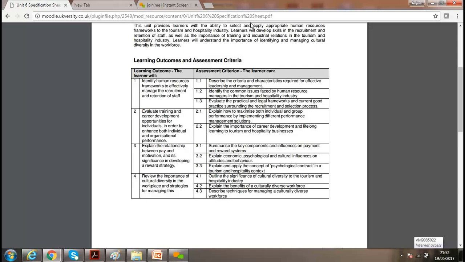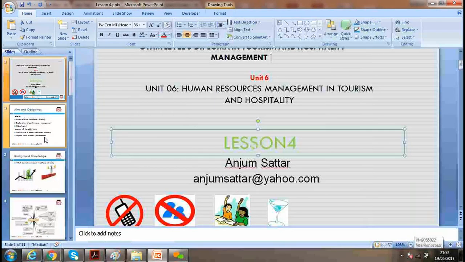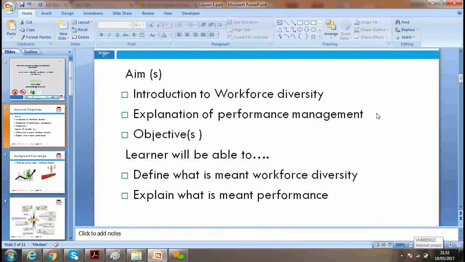We discussed different cultures, meaning norms, values, influence and behavior, and diversity in the previous lesson as well. Further, we are going to enhance our discussion in today's lesson.